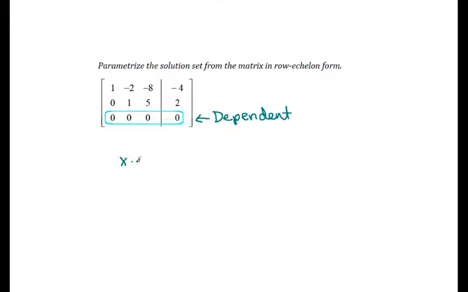So that's x minus 2y minus 8z equals -4, and y plus 5z equals 2. Now, we're not going to be able to get an ordered triple, but what we can do is say, let's just let z be any real number and express both x and y in terms of z.